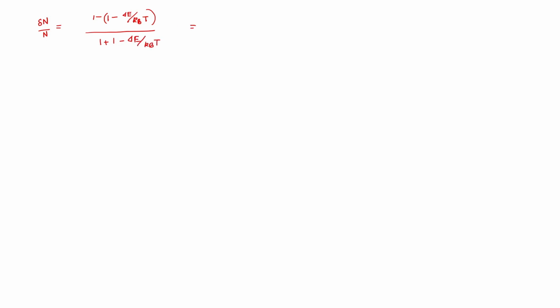In the numerator we keep delta E by kBT, and in the denominator we take only 1 plus 1, since delta E by kBT is very much less than 1. So ultimately it is delta E by 2 kBT. Now you can write it in terms of g n mu n B z by kBT, or in terms of the magnetogyric ratio, this formula by kBT.